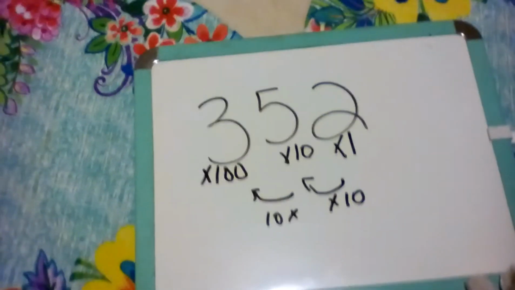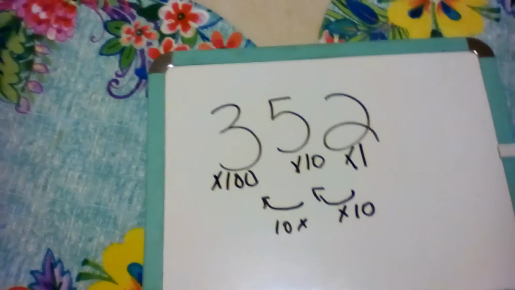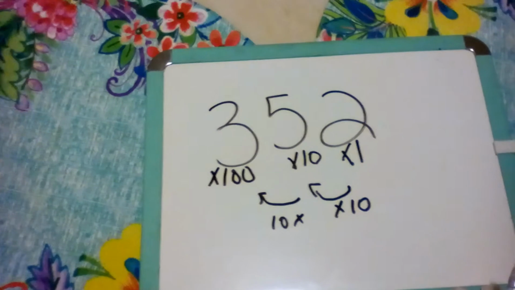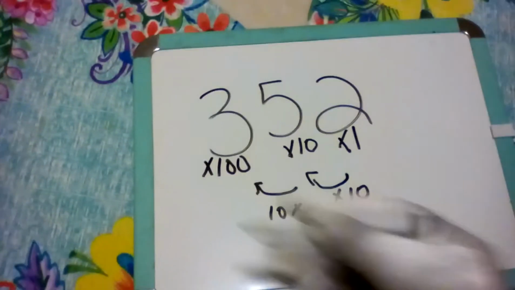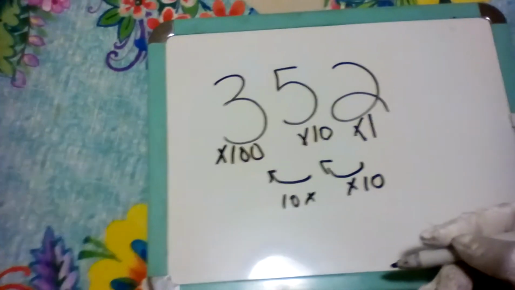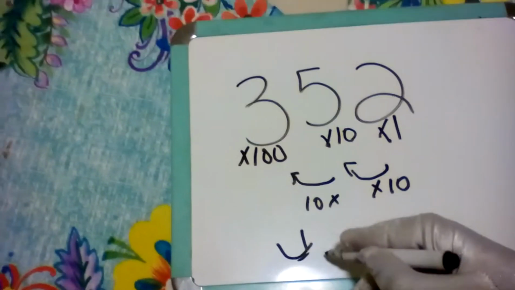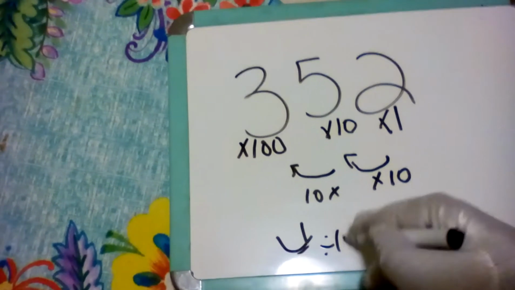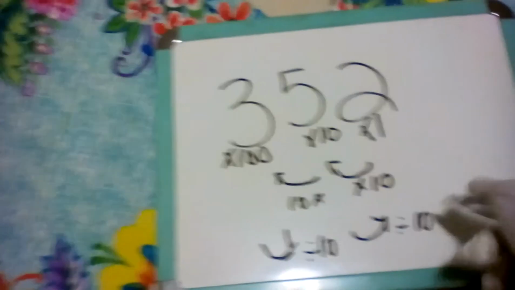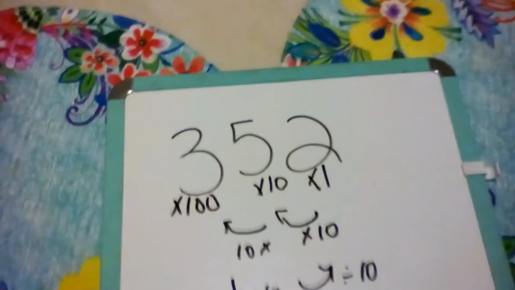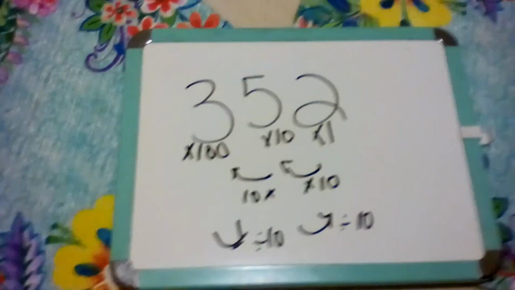As you travel to the left of the number, you're going to multiply times 10. And that's how you get your place value numbers. So moving left, we multiply by 10. When we're moving to the right, we divide by 10. And this is how we understand place value by using our multiplication and our division.